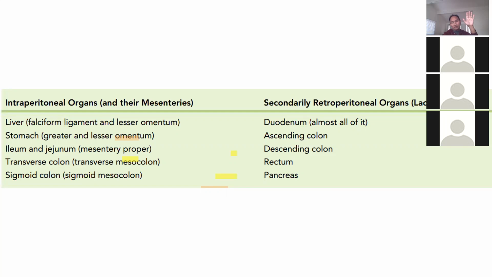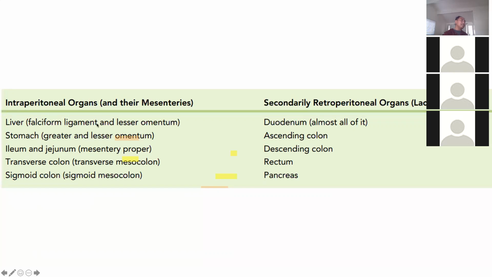There is no mesentery; the mesentery is too short, and that short mesentery sticks the duodenum to the posterior abdominal wall. Ascending colon, no mesentery, stuck to the posterior abdominal wall. Descending colon, stuck to the posterior abdominal wall. Rectum and anal canal, pancreas is also stuck to the posterior abdominal wall. Kidney, stuck to the posterior abdominal wall.